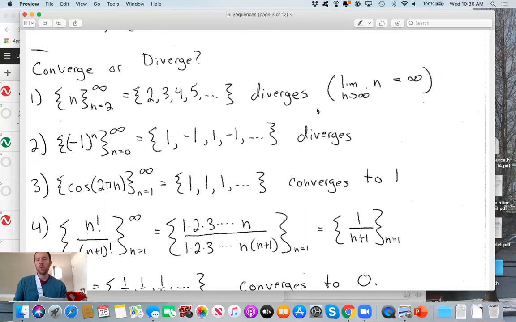And like we did when we were talking about limits at infinity, we can write that the limit as n goes to infinity of the sequence n is infinity. So we can write that down, but we'll say that the sequence diverges because it's not getting close to a number.